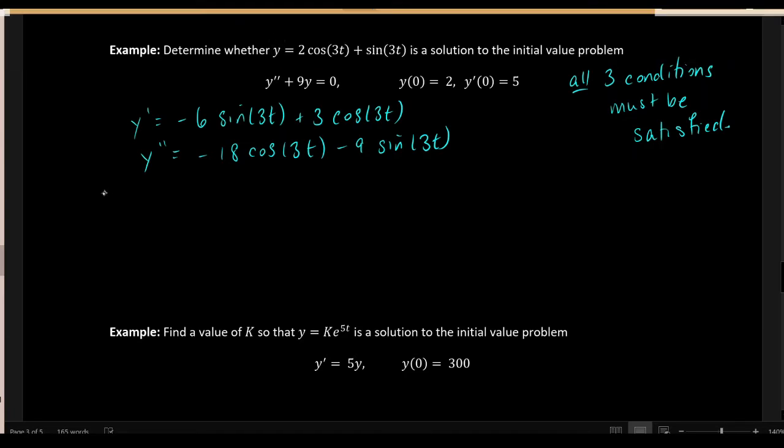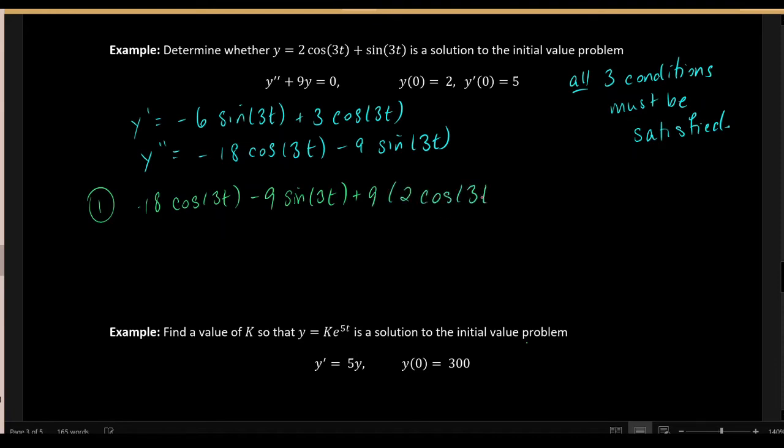If I check the first equation, is y double prime plus 9 times y equal to 0, y double prime we just found was -18 cos 3t minus 9 sine 3t plus 9 times the original function, which was 2 cos 3t plus sine 3t.